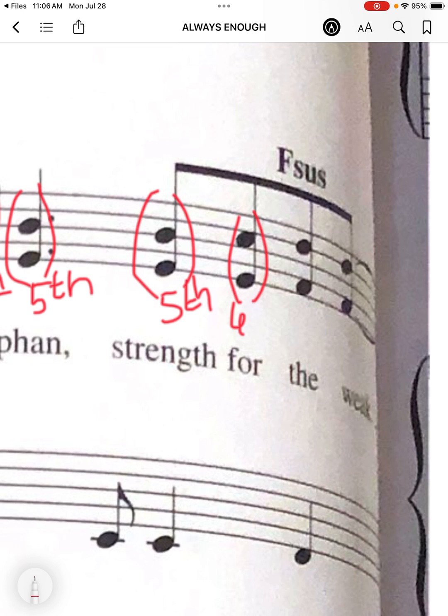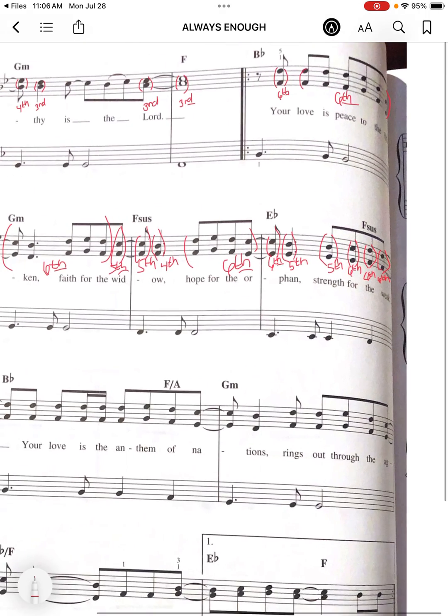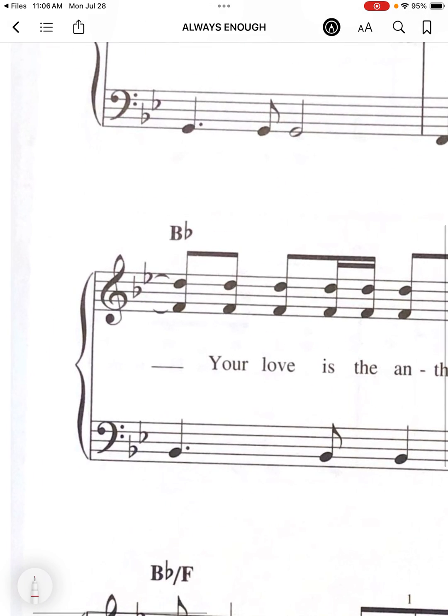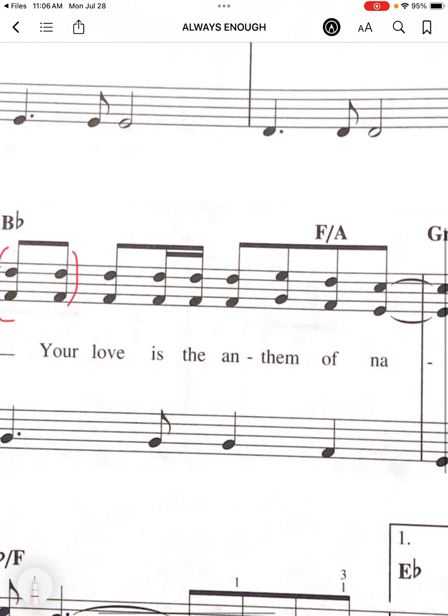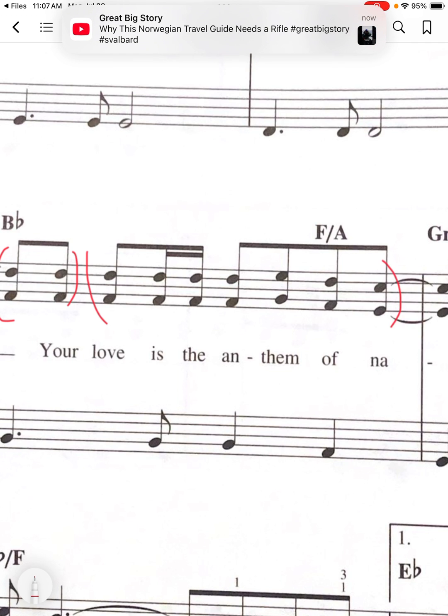Sixth. Sixth. And sixth on him. All right. So then this one's going to be a sixth over here. And it looks like that whole thing pretty much is going to be a sixth.